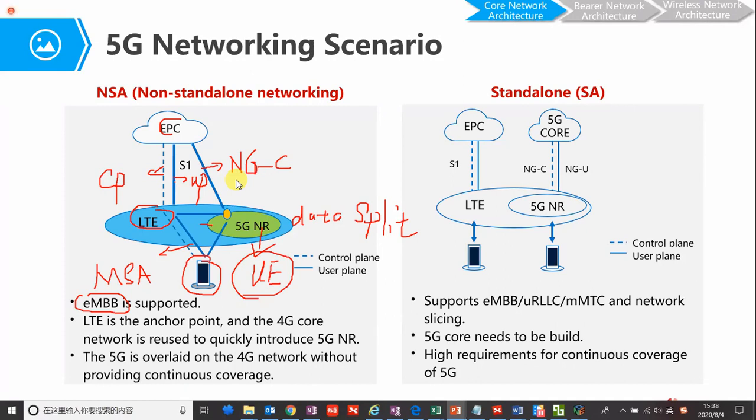Because in 5G there are two objectives in order to provide 1 millisecond end-to-end latency. One of them is reducing the data plane latency from about 20 milliseconds in LTE to almost 1 millisecond, and also the control plane latency, because in LTE the control plane latency is approximately 60 to 80 milliseconds.